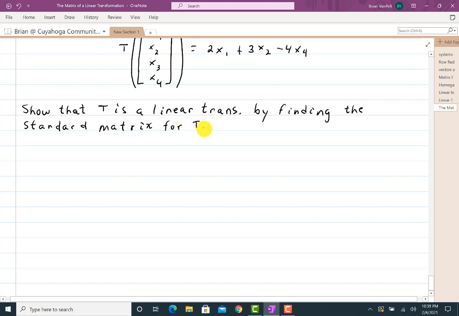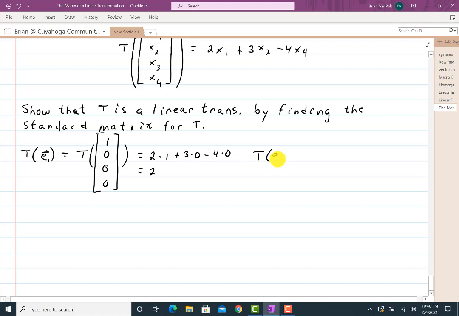So once again, we look at T of e1. That's the same as T of, and we have 4 entries this time, (1, 0, 0, 0). And let me use my formula. Here, x1 is 1, but I have zeros for x2 and x4. So I have 2 times 1 plus 3 times 0 minus 4 times 0, and that equals 2.